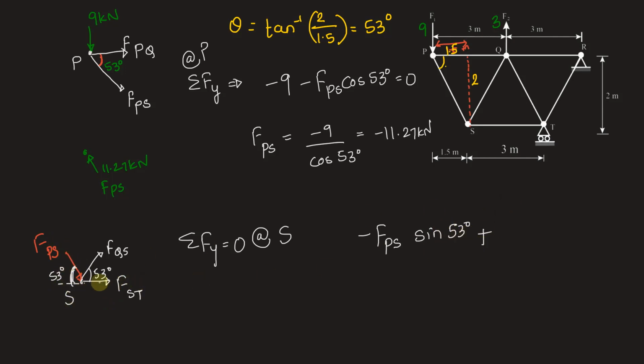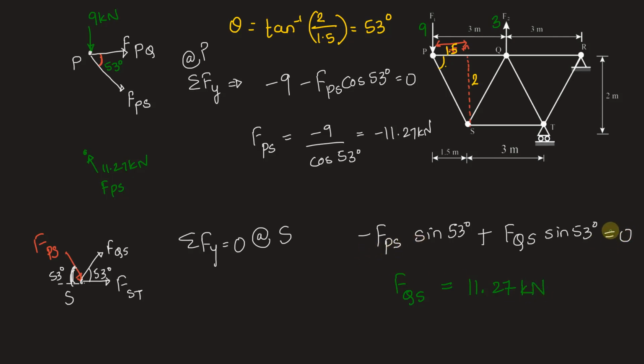Plus FQS, again assumed to be away from the joint, so the vertical component of FQS is plus FQS sine 53 degree, equal to 0. We can take sine 53 degree common and this goes to the right hand side, becomes 0. So FQS is simply 11.27 kilonewton, which is equal to the force in member PS.